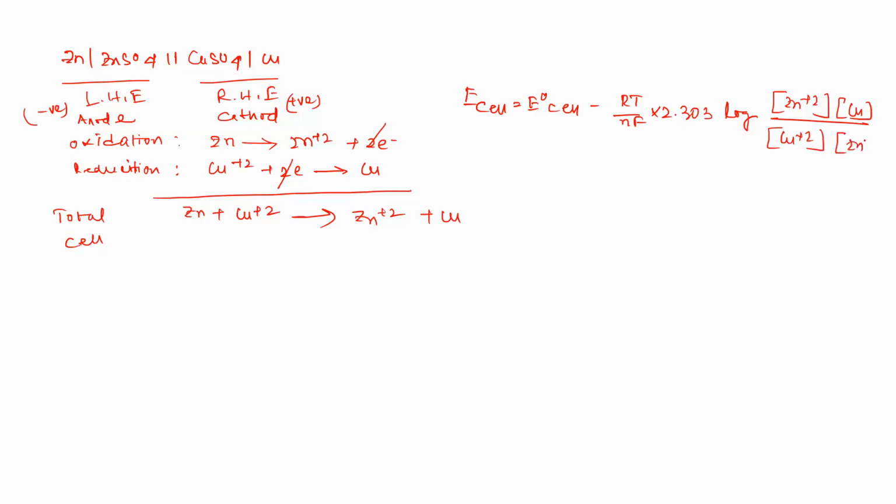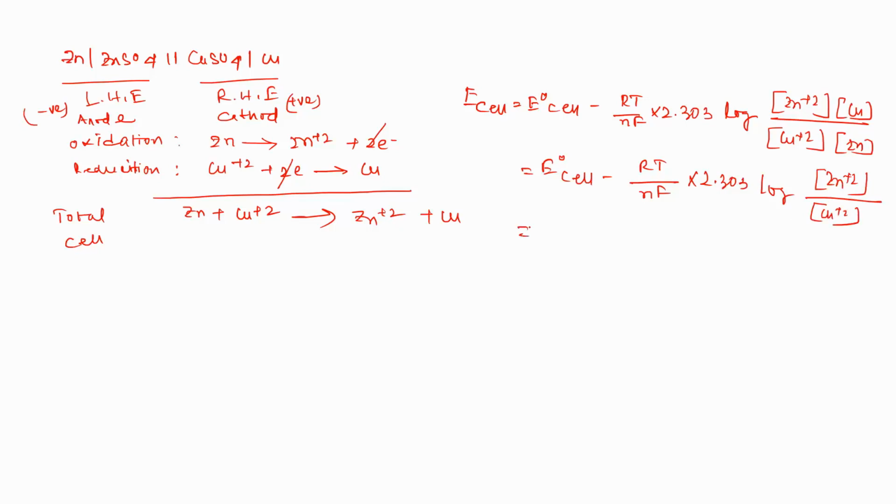The concentration of the copper and the concentration of the zinc at standard conditions will be 1. So E0 cell equals RT by nF into 2.303 log of the concentration of zinc plus 2 by copper plus 2.